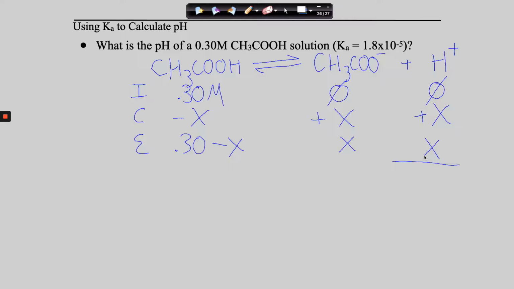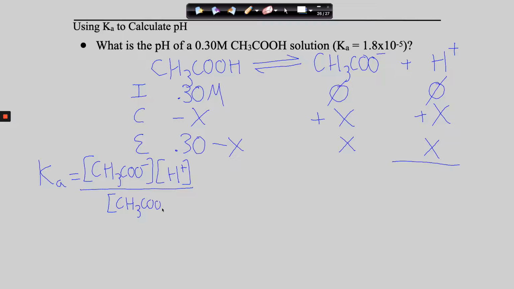So now, guys, what's our next step? No, not yet. It's coming. What's next? Ka. Ka is equal to acetate, protons, and acetic acid.